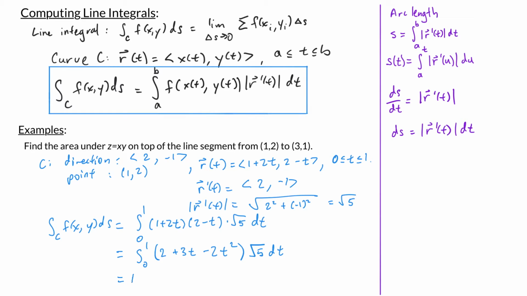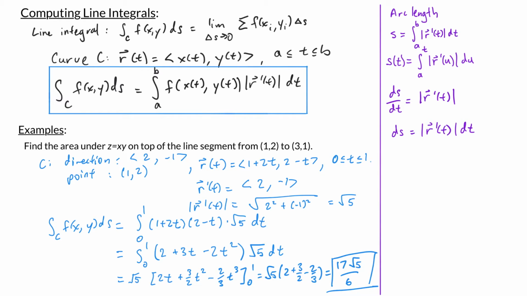Pulling out the square root of 5 and computing the antiderivative, we have 2t plus 3 halves t squared minus 2 thirds t cubed, evaluated from 0 to 1, which is the square root of 5 times 2 plus 3 halves minus 2 thirds, which simplifies to 17 square root of 5 over 6. So that's the area under the surface z equals xy on top of the line segment from (1, 2) to (3, 1).